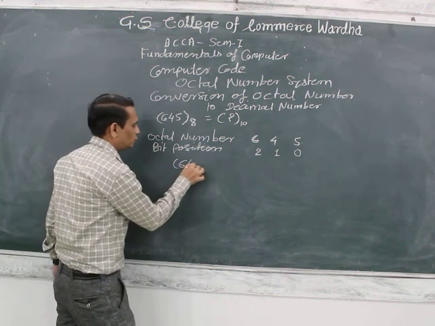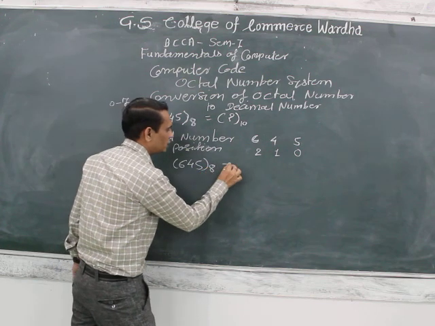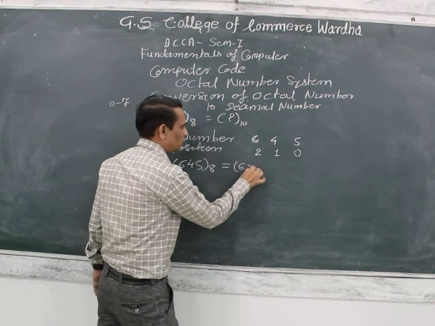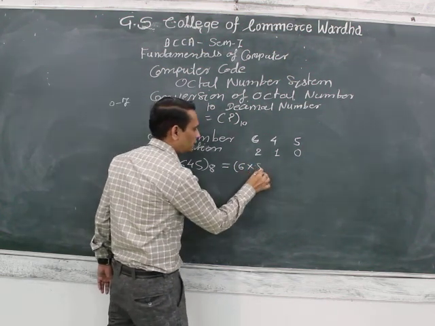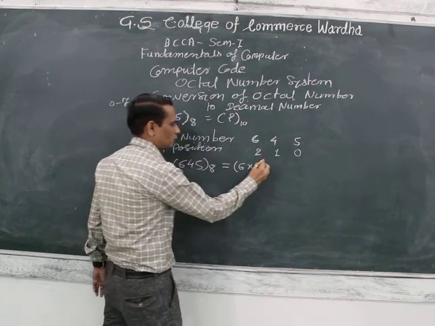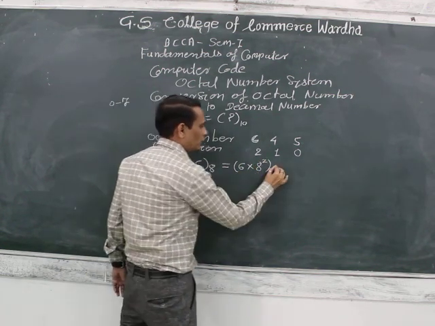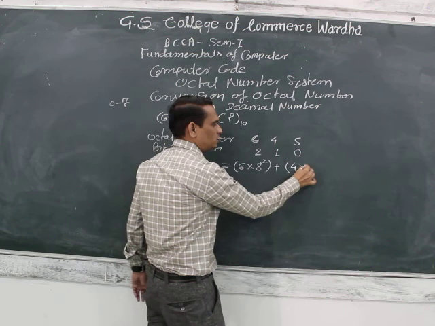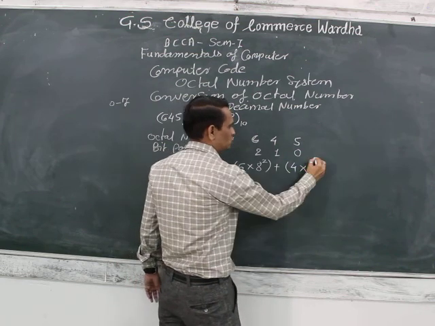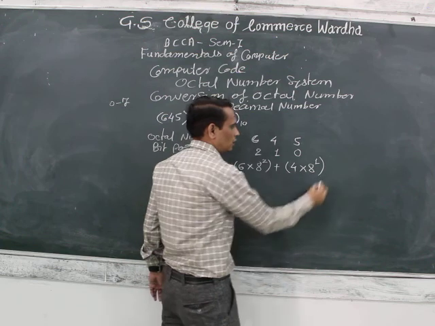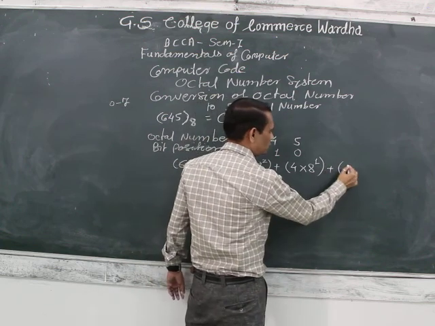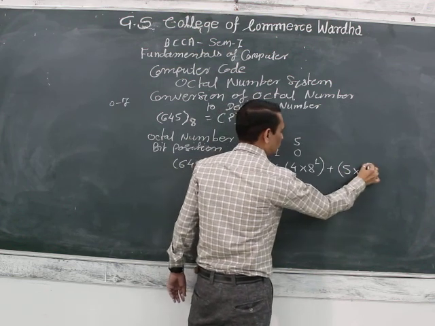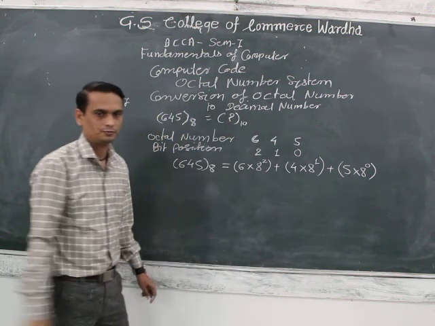So 645 octal equals, from the left, the first digit 6 multiplied by the base value of octal 8 raised to power position 2, plus the second digit 4 multiplied by the base raised to the power of its bit position 1, plus the third digit 5 multiplied by the base raised to the power of bit position 0.